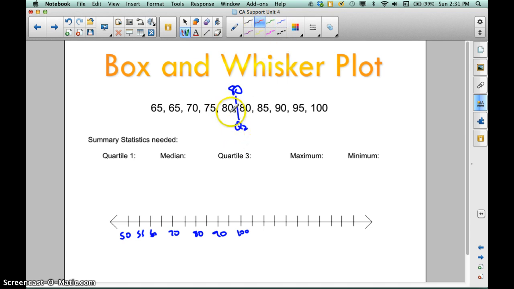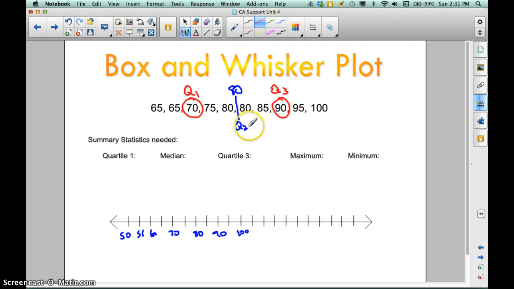Quartile 1 is the middle of everything below the median, and the middle is right here. This will be quartile 1. Quartile 3 is the middle of everything above the median, and this is the middle. Notice there's 2 below it, 2 above it, so 90 is in the middle. This is quartile 3. Notice if I label everything, then I've got it all there.